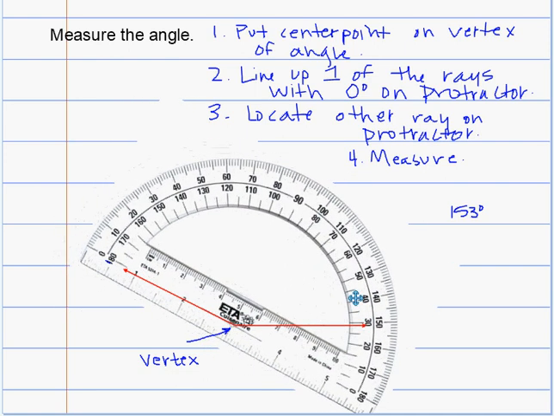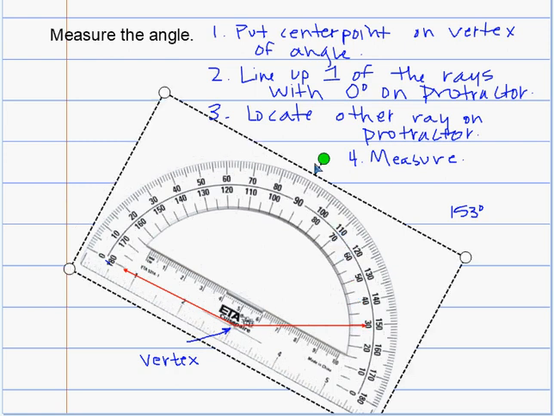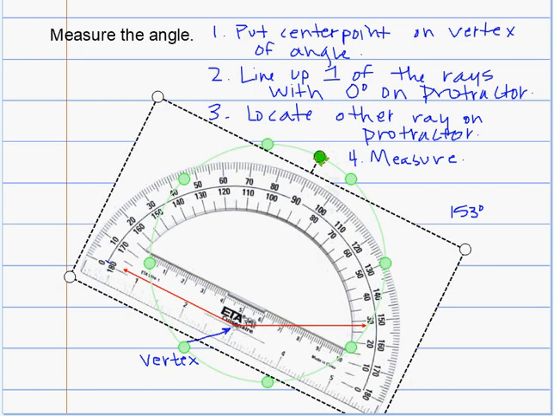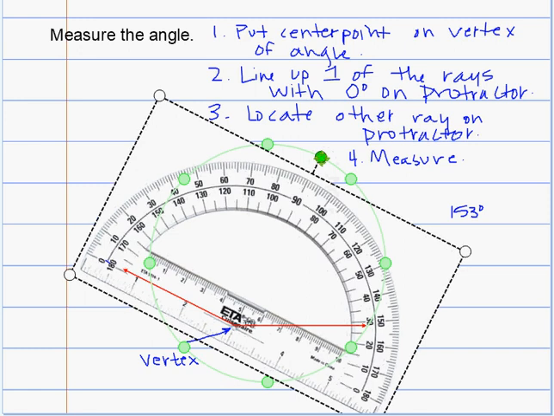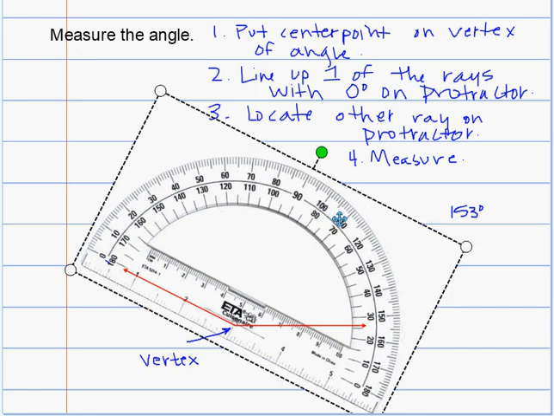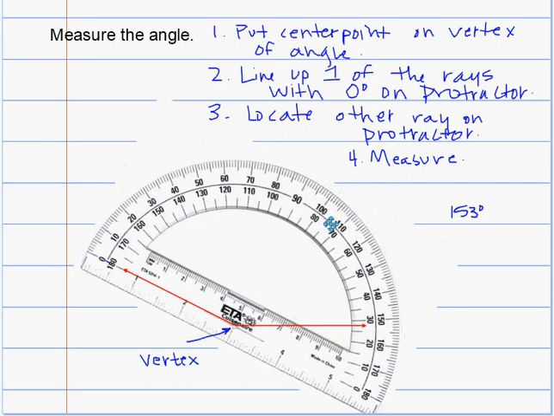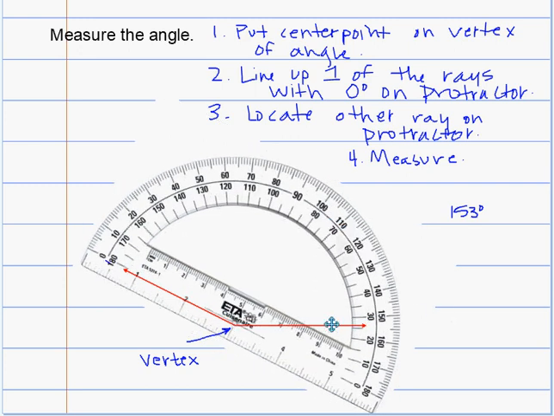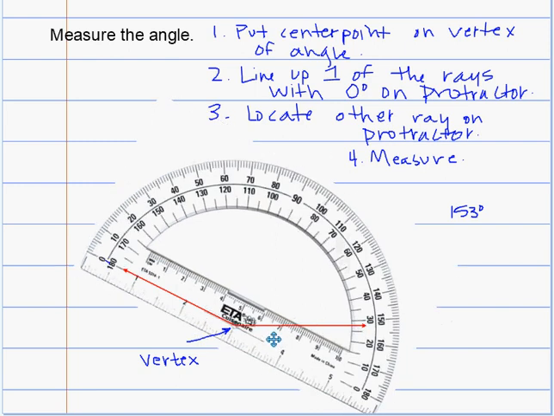But I can use my protractor on any angle, in any direction. It doesn't matter. They don't have to be straight across on the bottom. Let's see how close I did here. That looks pretty good to me. I have my center point lined up on my vertex.